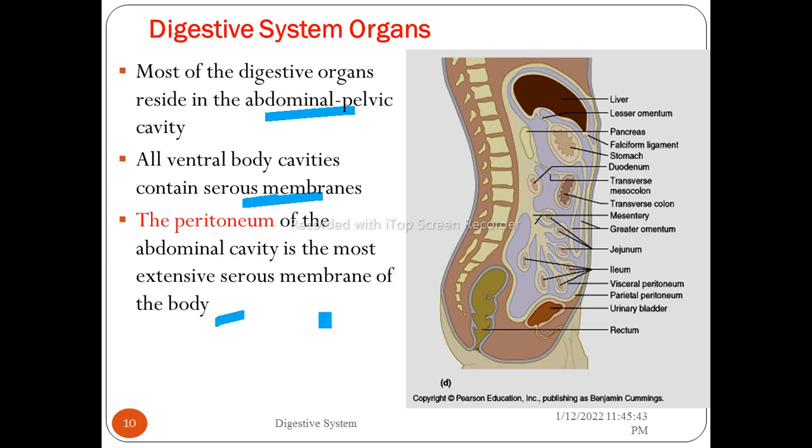The peritoneum is a serous membrane which covers and connects the organs of the digestive system. So this is the peritoneum here, and it connects different types of organs.